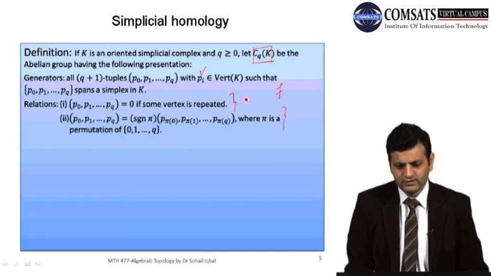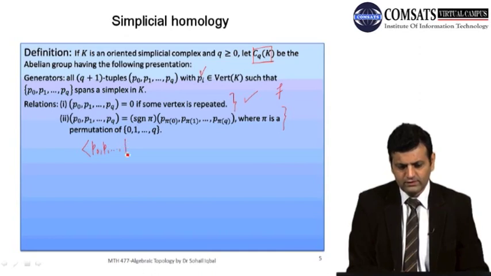Under the first condition, if I have an element of CQK, let's say P0, P1, up to PQ, a Q plus 1 tuple, such that P0 is equal to P1, then this implies that P0, P1 up to PQ is a zero element in CQK, because we have taken a quotient and we have this relation inside CQK.